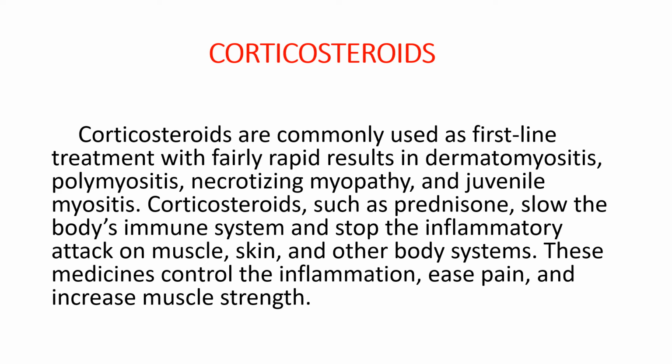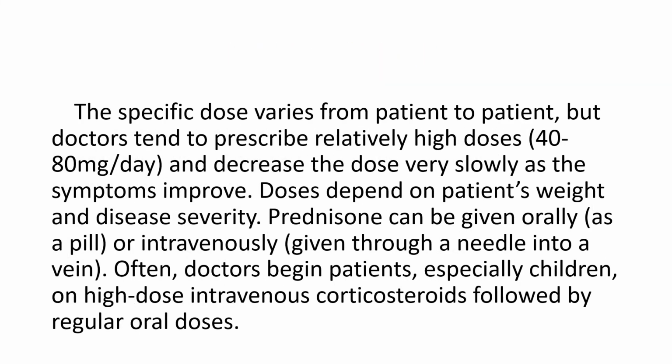It controls the inflammation so that the patient's muscle pain is reduced. The doses depend on the patient, that is the severity of symptoms, weight, and age. We categorize the dose and decrease it very slowly if the patient's symptoms improve.